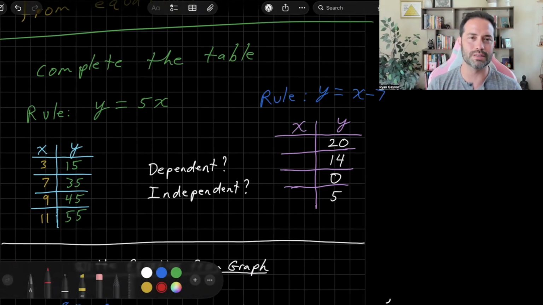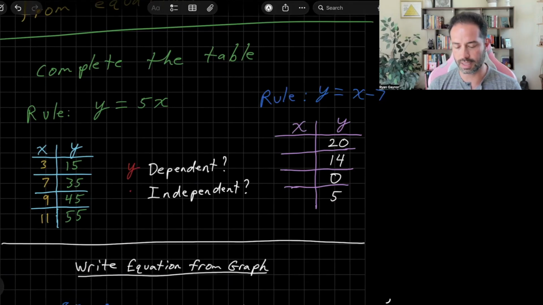That's how it's normally described. So the y will depend on the x. So the y is dependent, the x is independent.